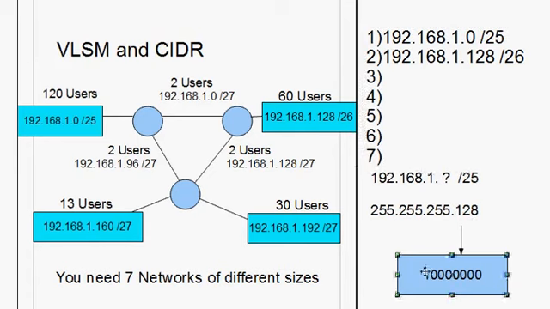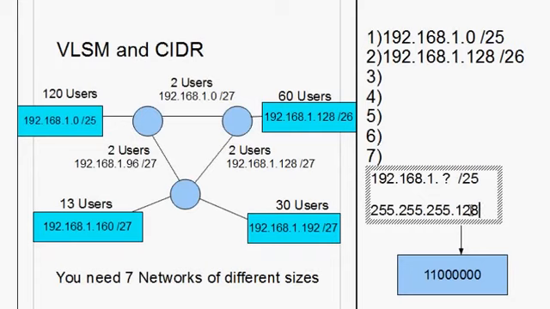Well, /26 means I've borrowed 2 bits off the last octet. In decimal form, it would look like this: 255.255.255.192, meaning 8 bits, 8 bits, 8 bits. That's 24 bits here, and then I borrowed 2 more, 25 and 26, right? This is the 128's place, this is the 64's place. The magic number is 64, so I'll get 64 hosts out of this network, okay?